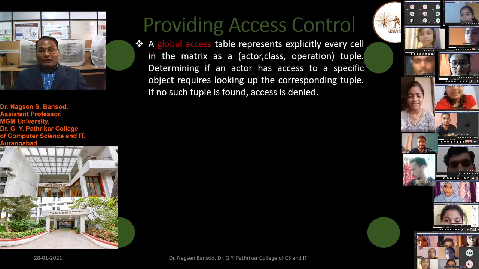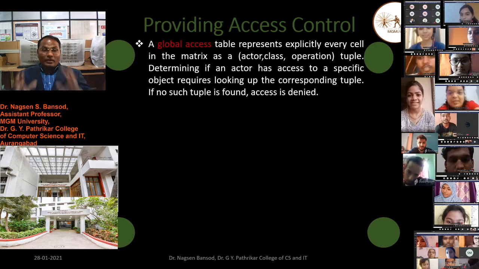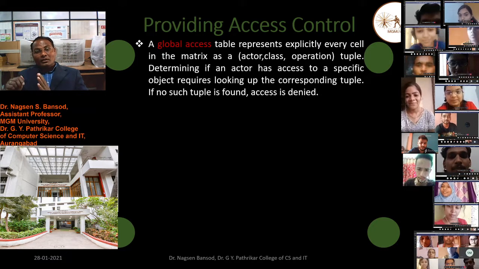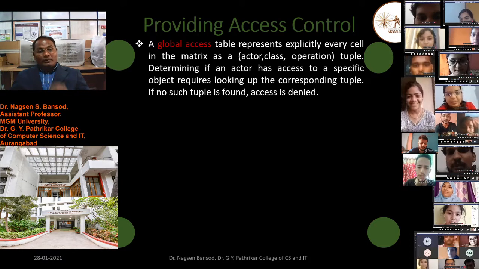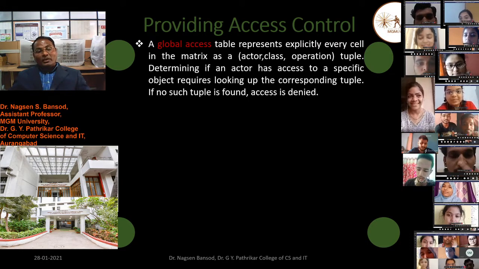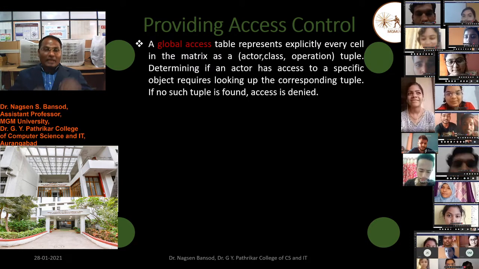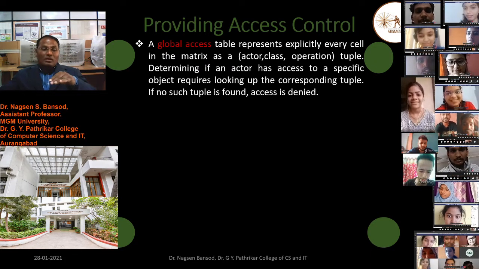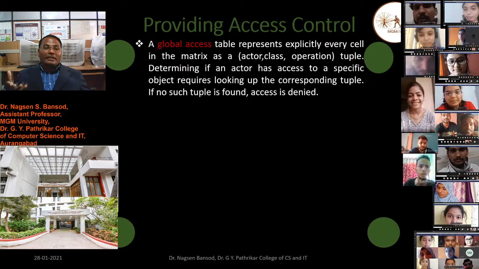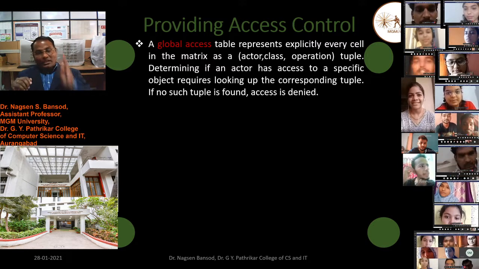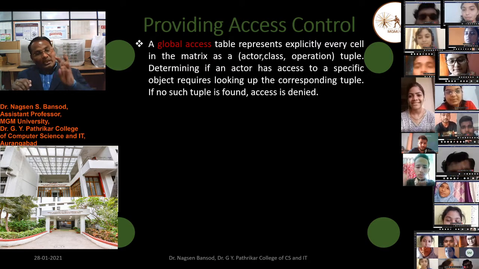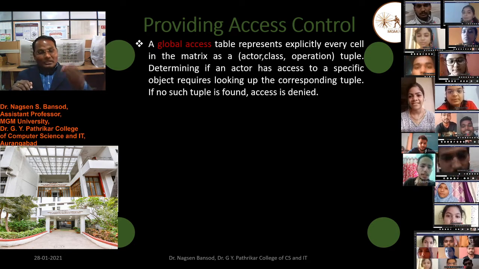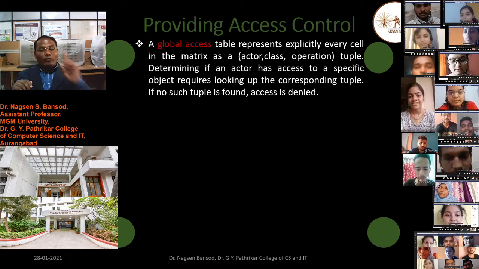To determine if an actor has access to a specific object, we look up the corresponding tuple. If no such tuple is found, access is denied. It means if our password is not matched with the system, then our access will be denied by the ATM machine. If you put in the wrong password 3 times, the system will not give you access, and it will be denied for 1 day.